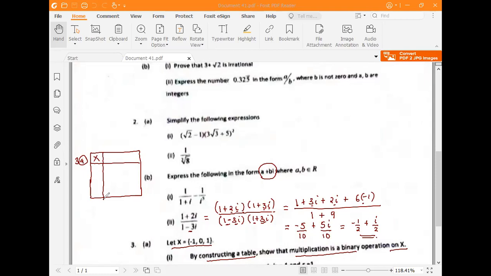Multiplication, then we have -1, 0, 1 across the top and -1, 0, 1 down the side.